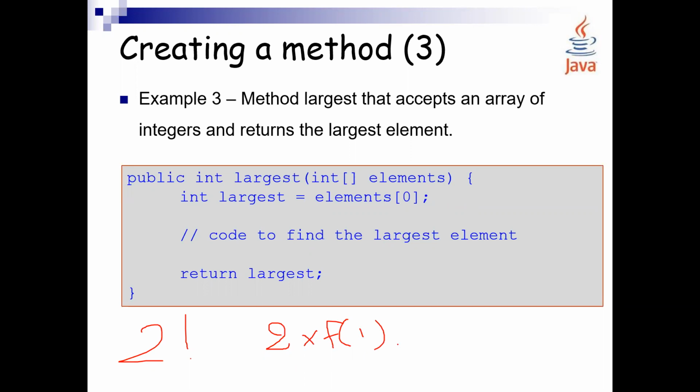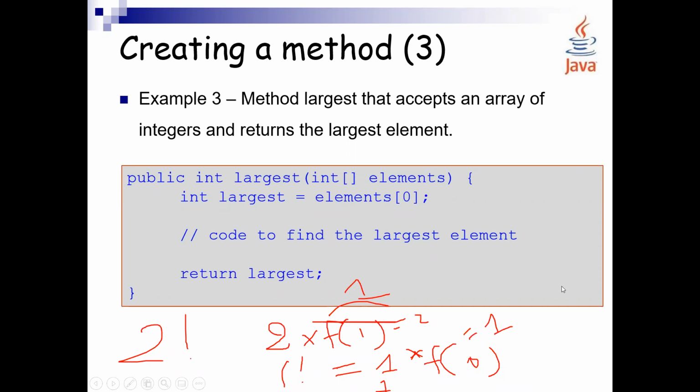And what is factorial of 1? Factorial of 1 is 1. Eventually, factorial of 1 and 0 are given, it's 1. If you want to go with the formula, it's 1 times factorial of 0. And what is factorial of 0? It's 1. 1 times 1, you get 1. Factorial of 1 becomes 1. And you replace it here, factorial of 2 becomes 2.